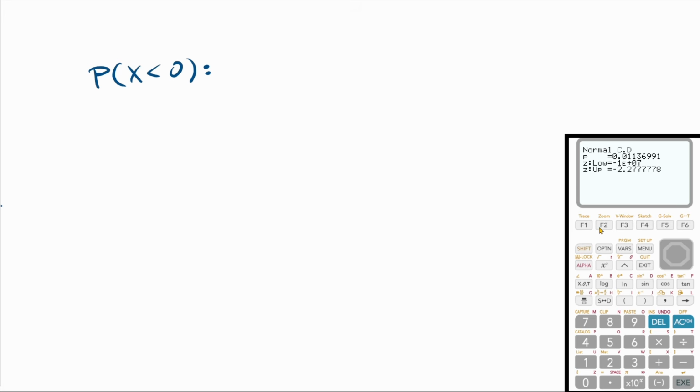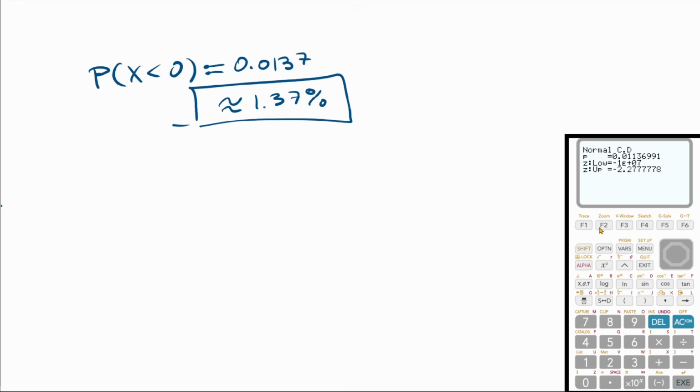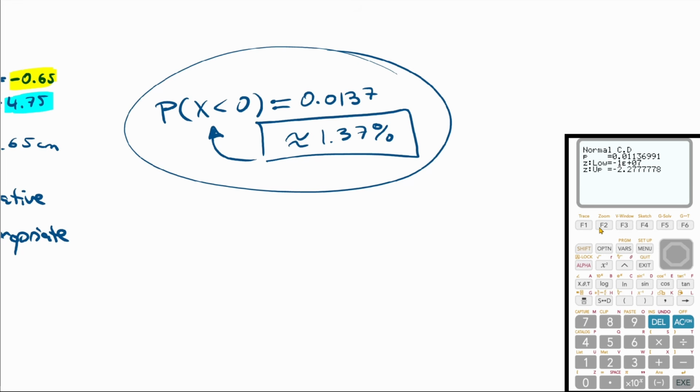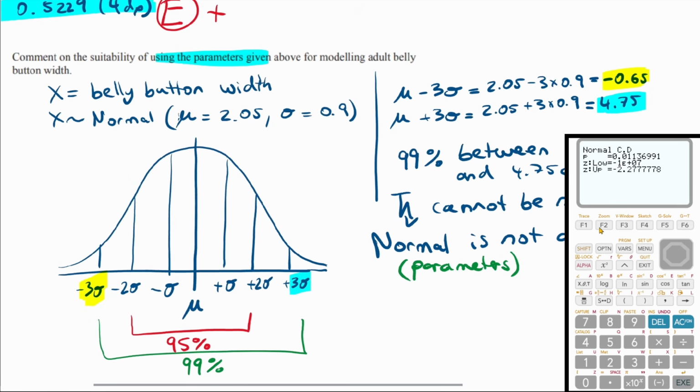So let's have a look. This tells us that there is the probability of 0.0137. So we roughly have 1.37% of the population who have a negative distance or a negative width for their belly button.